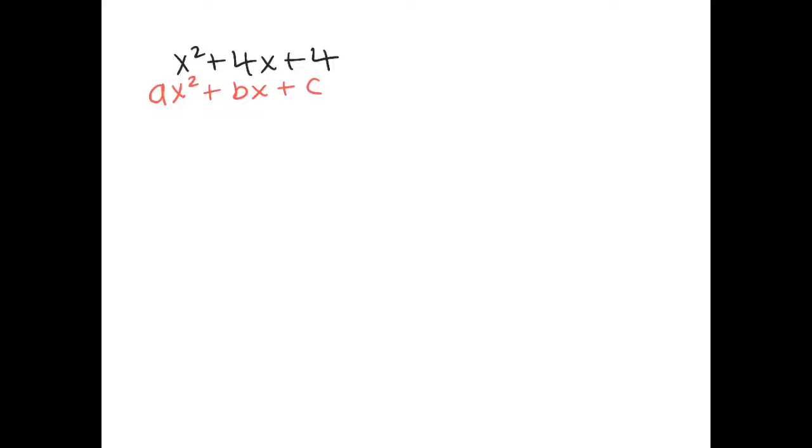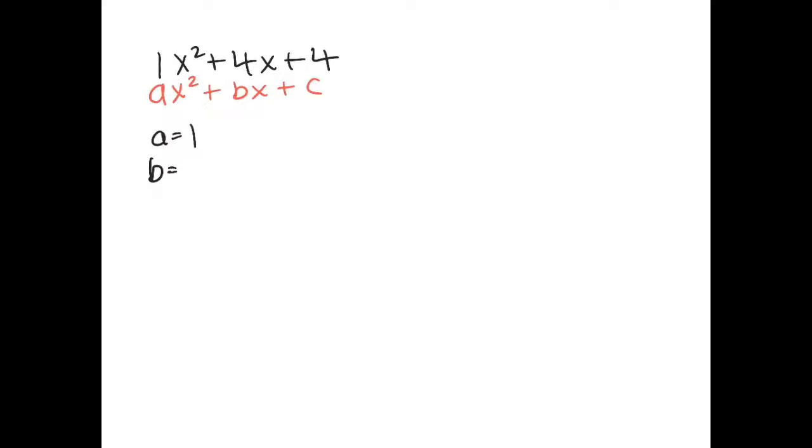Now we need to find what these equal. So our a variable is equal to, there's nothing in front of the x squared, so we can just assume that a equals 1, because 1x squared can just be written as x squared. Next, our b variable. The b variable will always be the middle number in the quadratic equation.